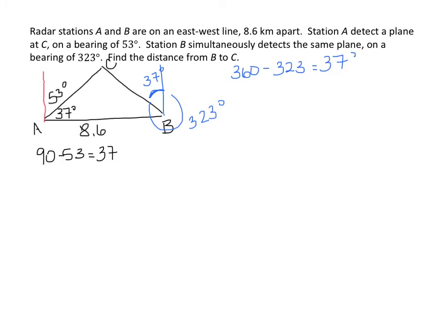Well, I again need the complement of that for the inside of the triangle, and the complement of that is 53 degrees. What we can now do is find angle C. So if we do 180 minus 37 minus 53, we find that angle C is a right angle.